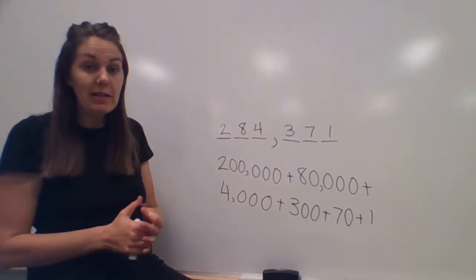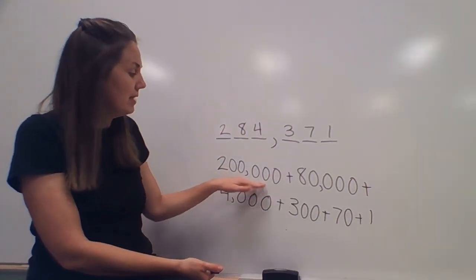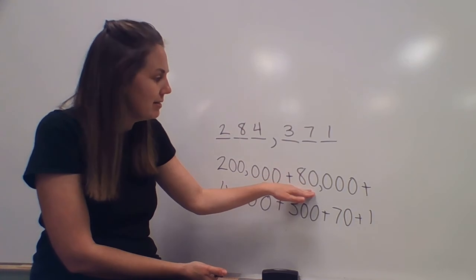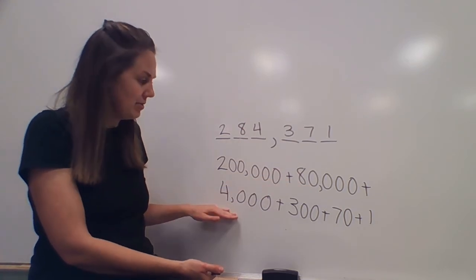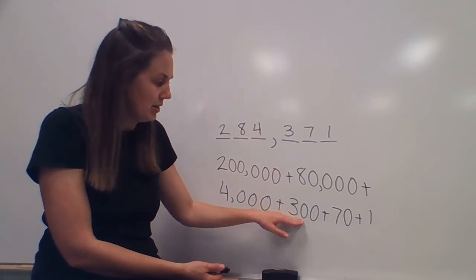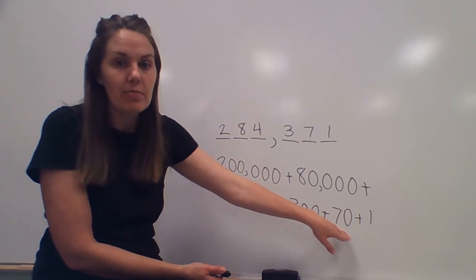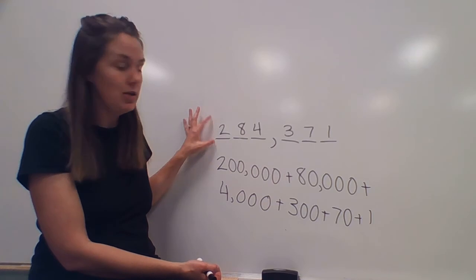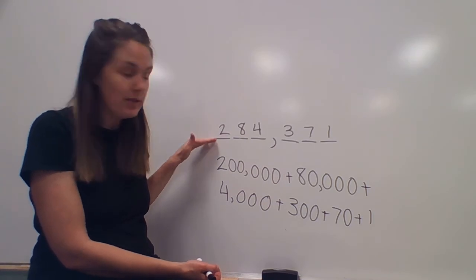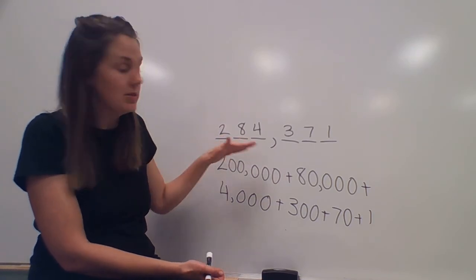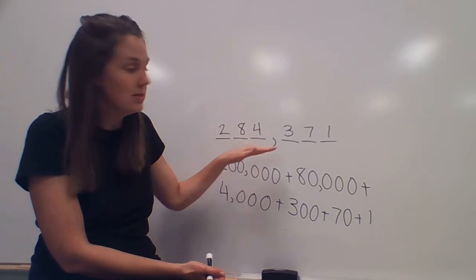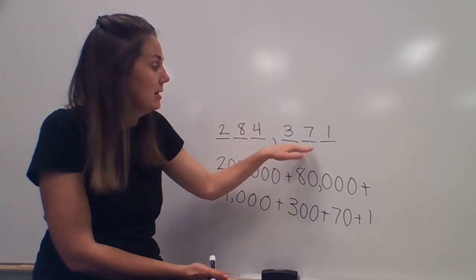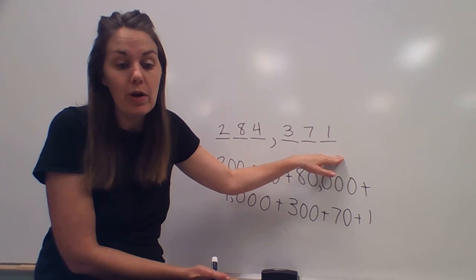So our expanded form would be 200,000 plus 80,000 plus 4,000 plus 300 plus 70 plus 1. So you're thinking about this the same way as our place value. We have 200,000, 8 10,000s, 4,000s, 300s, 7 10s, and 1 1.